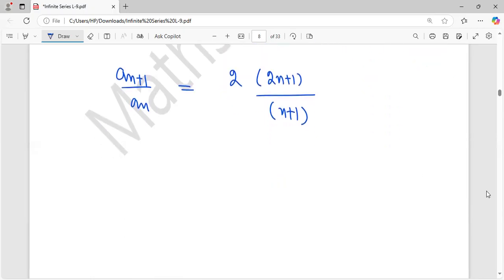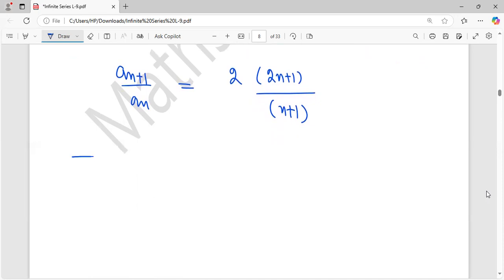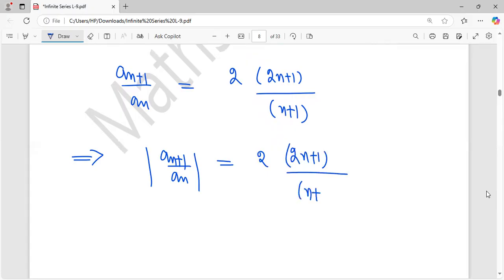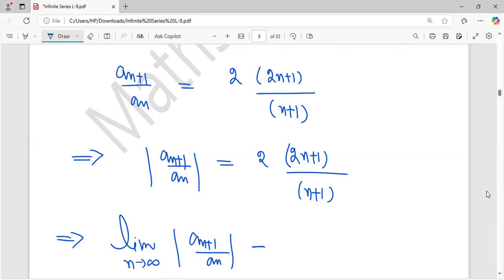So a_{n+1} upon a_n is equal to 2 times 2n plus 1 upon n plus 1. What is the limit of this? Limit n tending to infinity a_{n+1} upon a_n is going to be 4. Okay.